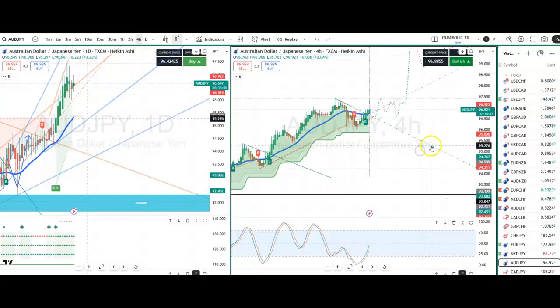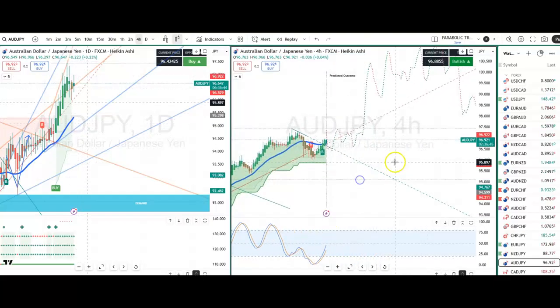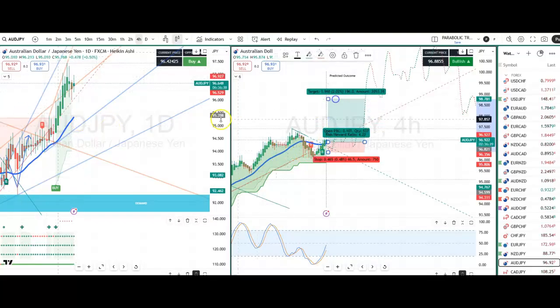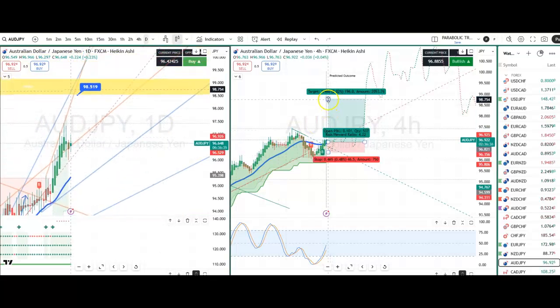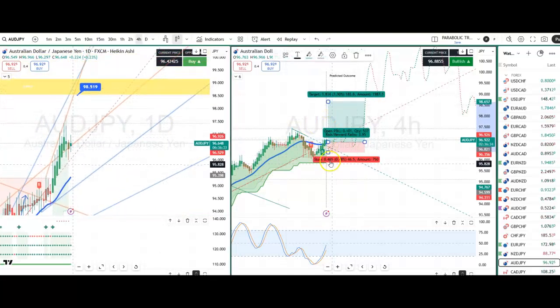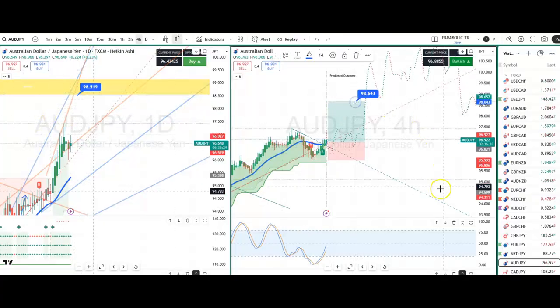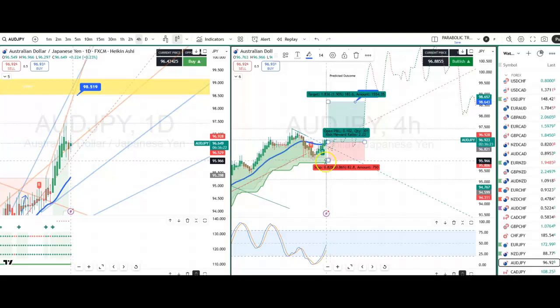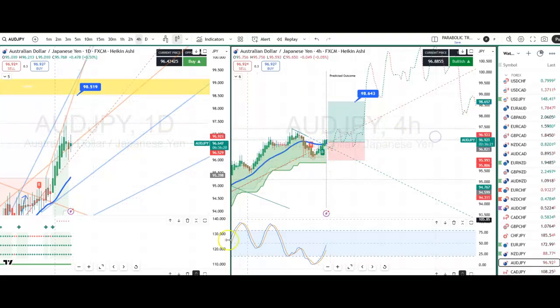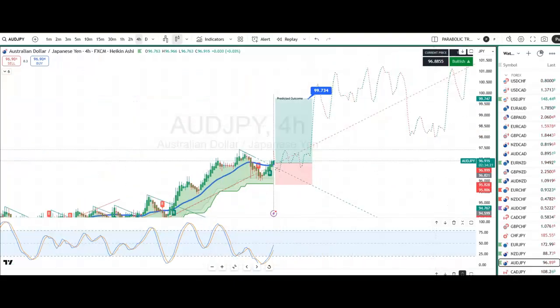Just check your price cycle. Price cycle is perfect. So the Aussie yen looks very good as well.